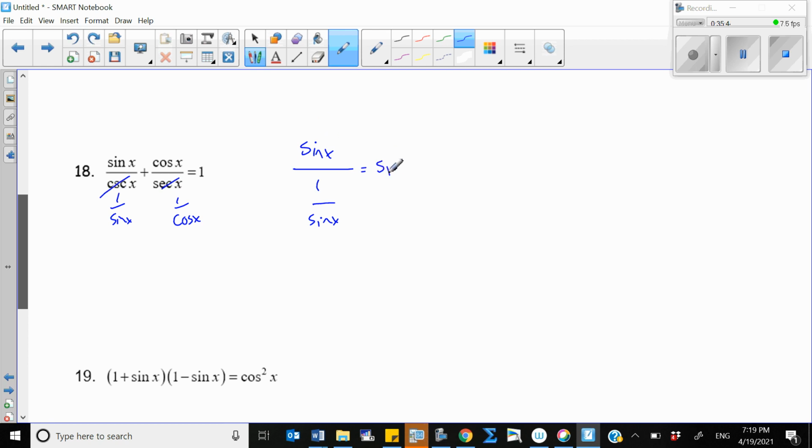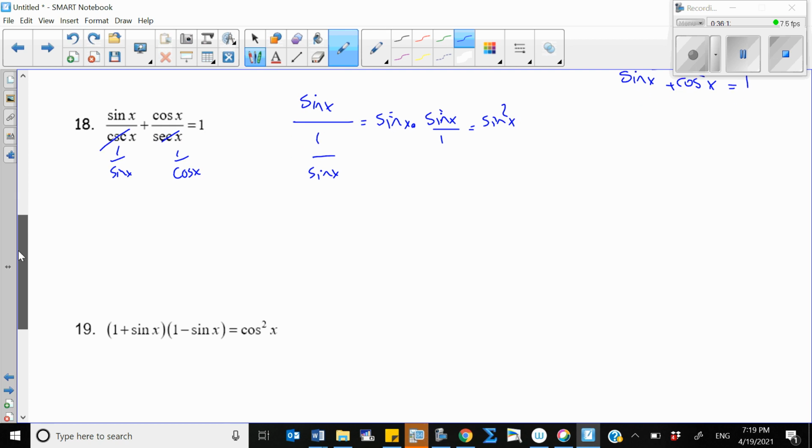So you keep the top, change the division to multiplication, and flip the second one, sine of x over 1. So this will be sine times sine, sine squared of x. The same way you can use this one and find this one, and then you can use the Pythagorean identity, sine squared plus cosine squared of x equal to 1. Use that to solve it.